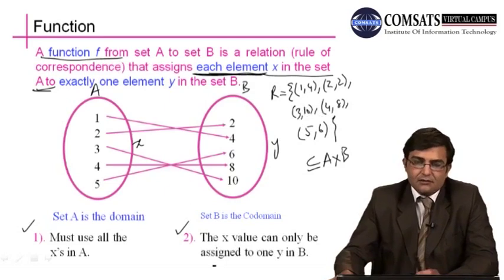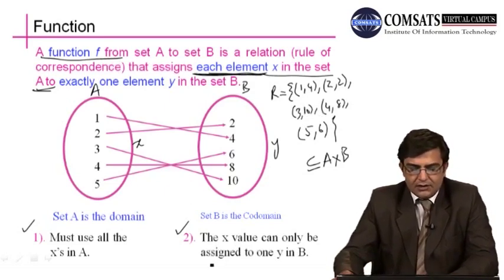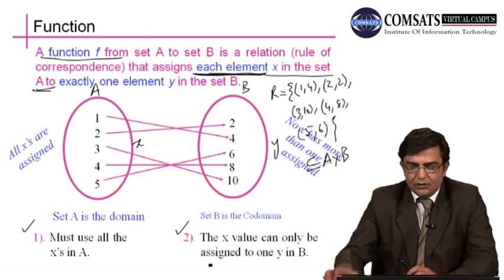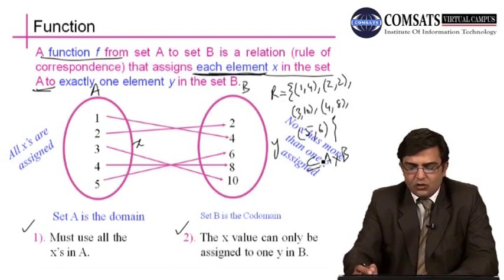Then any relation which satisfies these two conditions becomes a function. That is, first, all x's are assigned; we check this condition. The second is that no x has more than one y assigned.